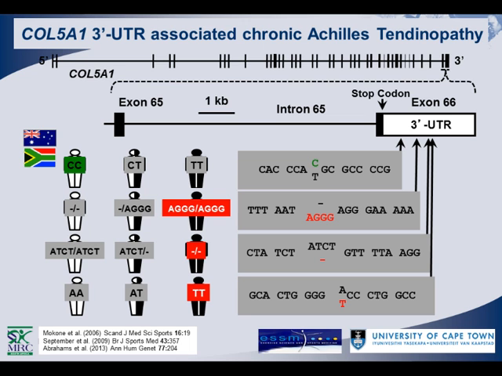So our research is showing us that there is something at the 3' end within the COL5A1 gene, some sequence motif in that region which is associated with an increased risk of these injuries. What it is, we're still trying to find that.